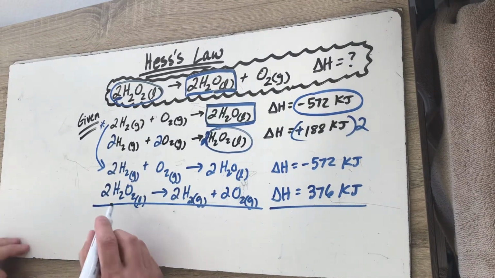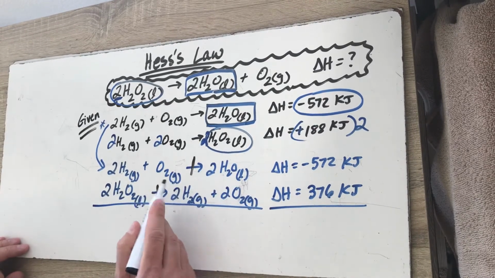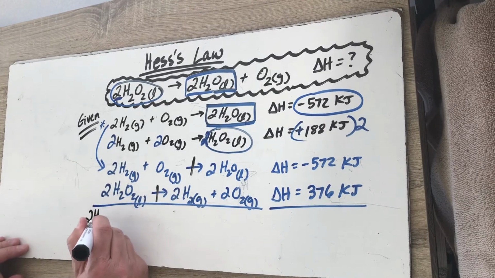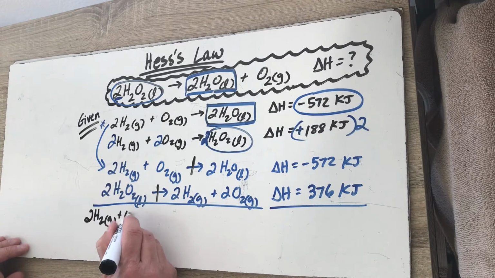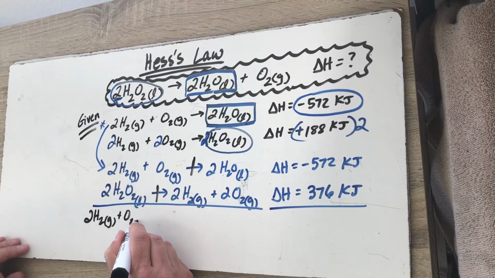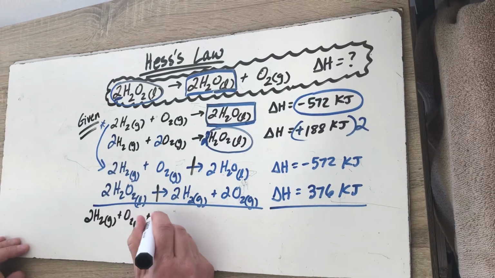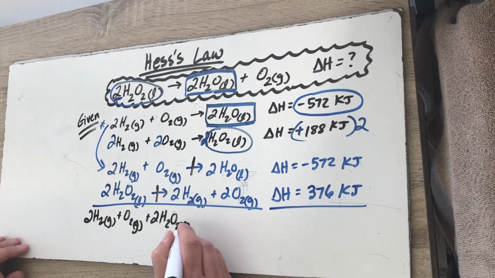If I write out everything on the left of the arrow, so here's the arrow, here's the arrow, I'm going to write everything that's on the left as one side. So I have 2H2 gas plus O2 gas, that's these 2 things, and now this is also on the left, plus 2H2O2 liquid.